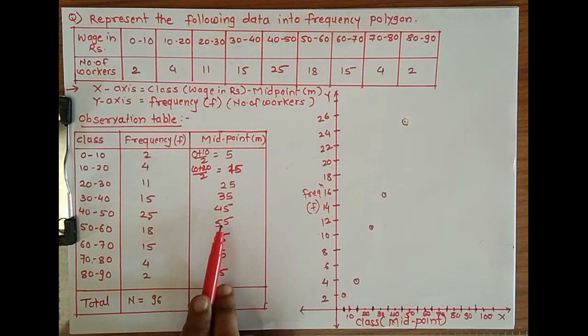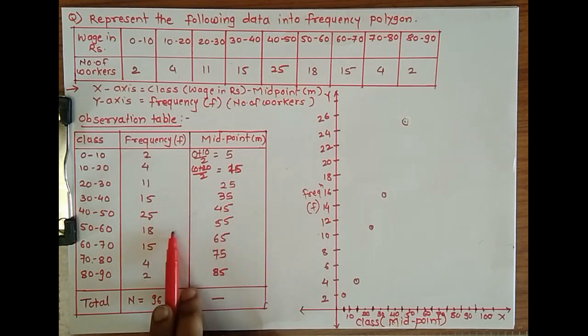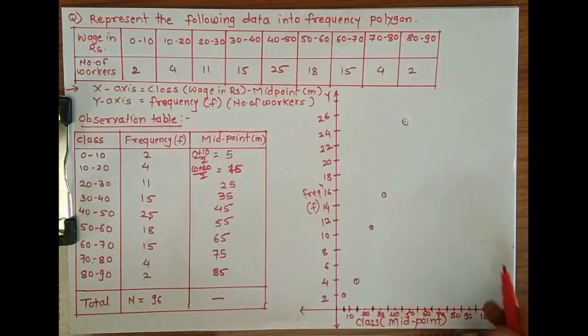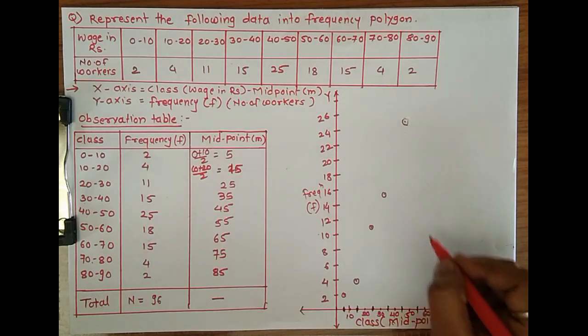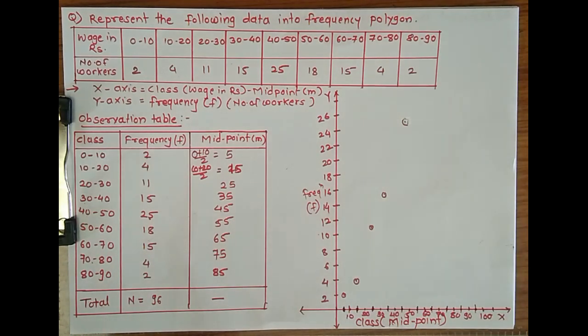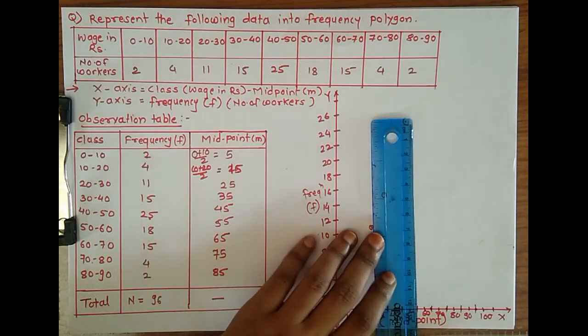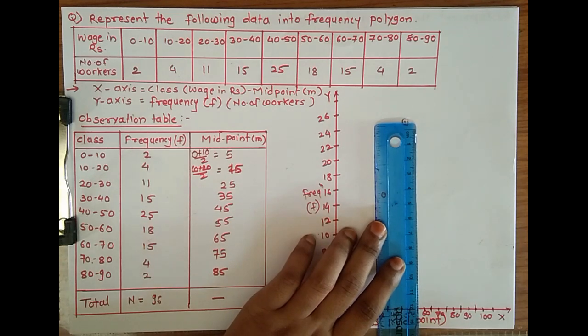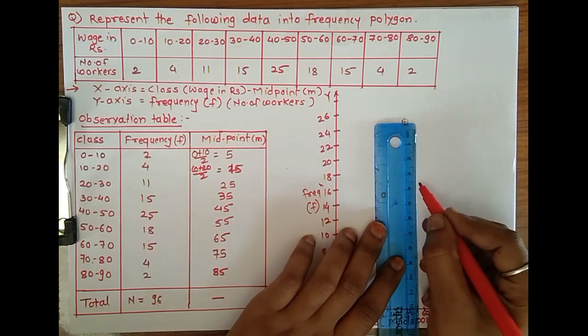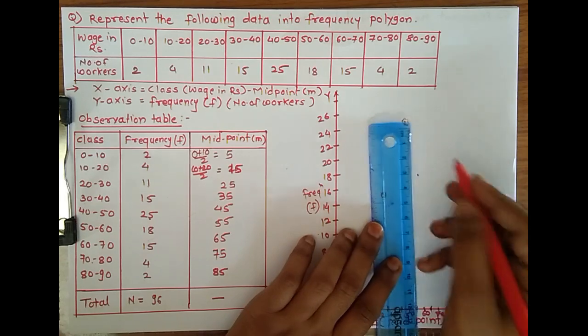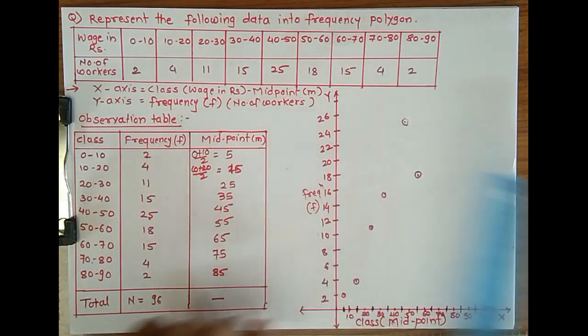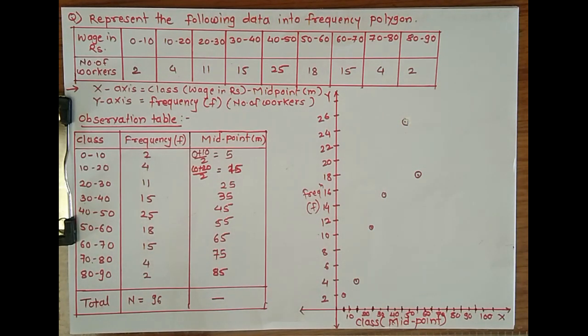Next is midpoint 55 with corresponding frequency 18. 55 is here, corresponding frequency 18. 18 is here we mark. Next is 65 with frequency 15.